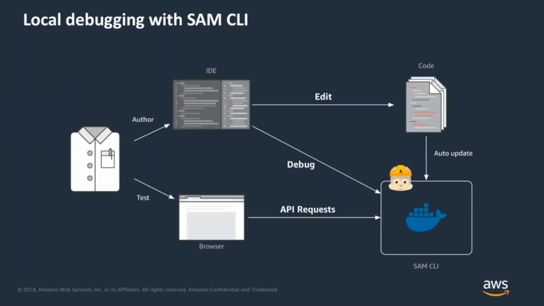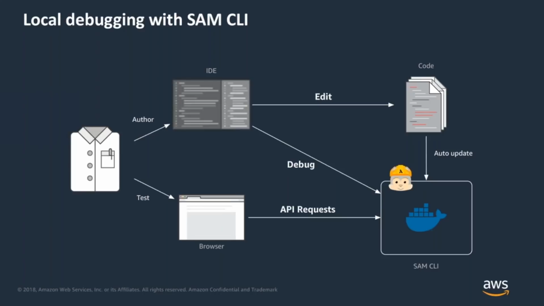As you make changes to your code, that can then be run inside of a Docker container that's actually managed by SAM. So the SAM CLI takes care of managing all of the event mapping and invocation code to make sure that your function code is getting run the same way that it would be run on top of the actual Lambda service.